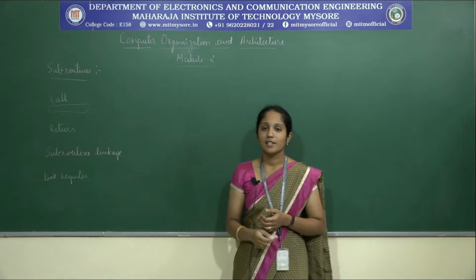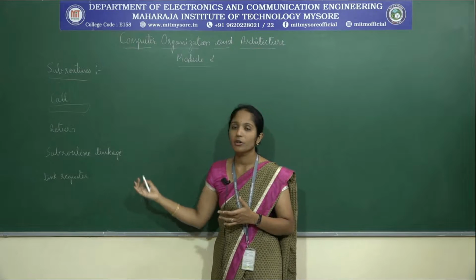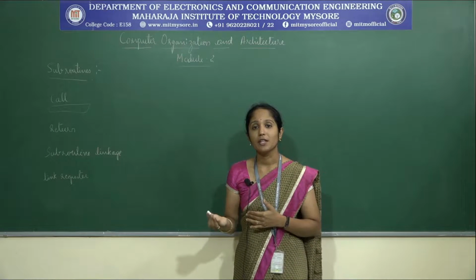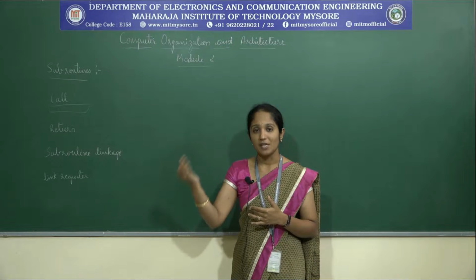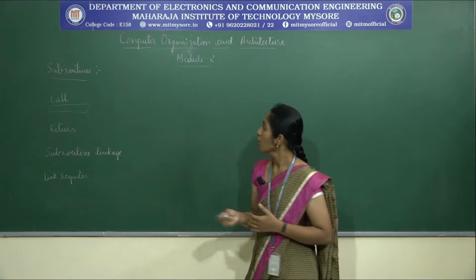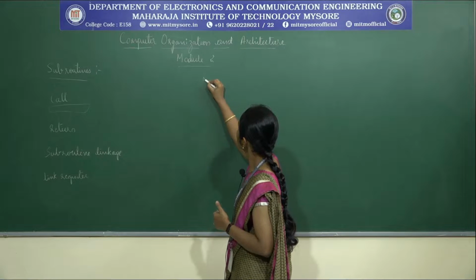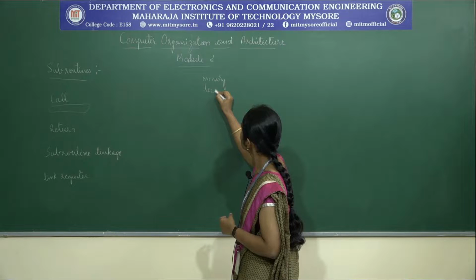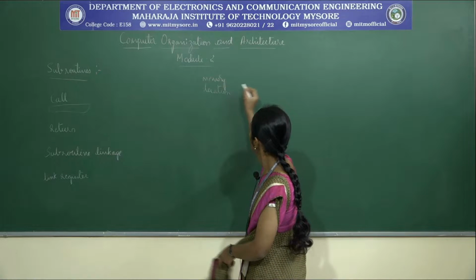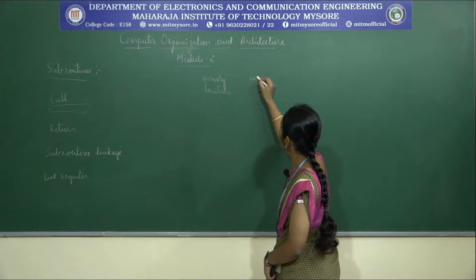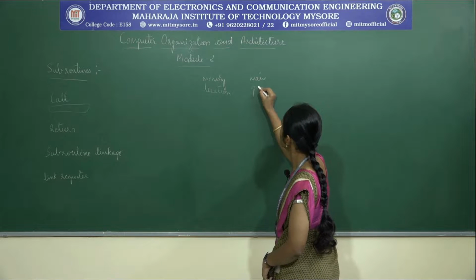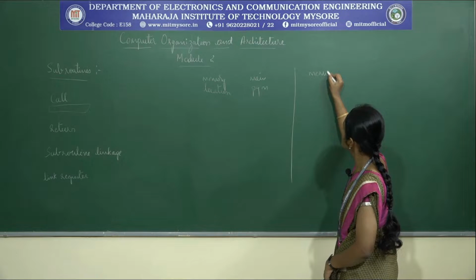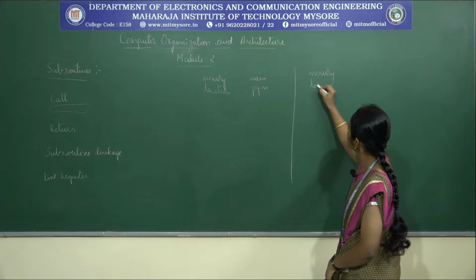Now let us see how this call and return, and the copying of the content of the PC to the link register and back, happens. Let us consider some memory locations with the main program, and a subroutine in some other memory location.